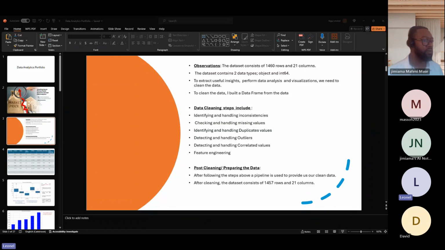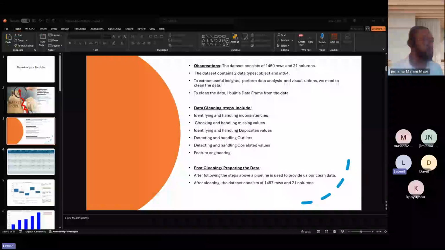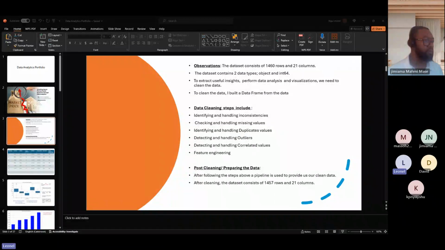Now, in the data cleaning process, we need to follow the steps provided here, which are identifying and handling inconsistencies, checking and handling missing values, identifying and handling duplicate values, detecting and handling outliers, detecting and handling correlated values, and finally performing some feature engineering.